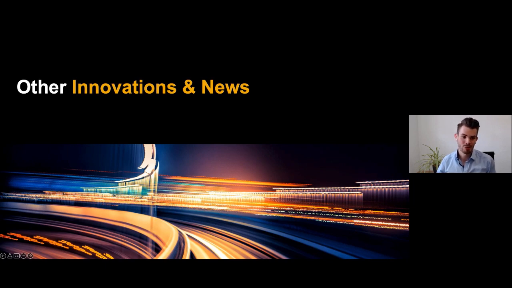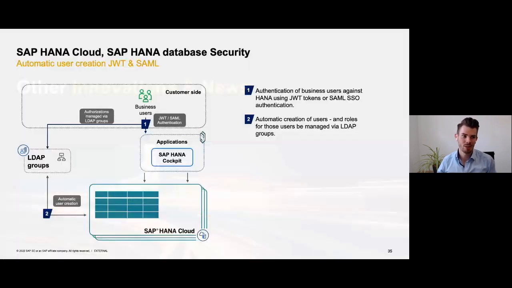One more innovation that I would like to highlight from my side is about the new possibilities for automatic user creation using JSON Web Tokens or the Security Assertion Markup Language via so-called LDAP groups. While we've been supporting authentication for the SAP HANA database already using LDAP mechanisms, we now also support automatic user creation, as said, via LDAP groups and via JWT and SAML.